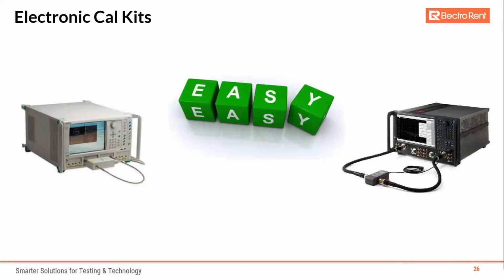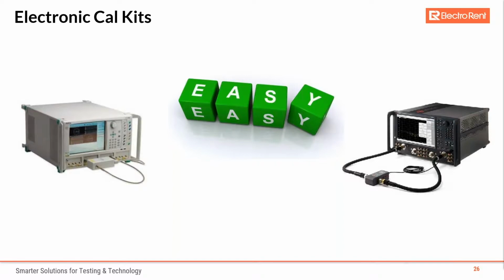eCal kits make the calibration process much easier and quicker, serving the same purpose as mechanical cal kits. If the VNA can support eCal modules, then it will have, like I said earlier, the preloaded eCal standards for that module. The eCal module connects all ports at once. All you do is follow the eCal instructions and watch it calibrate up to a full SOLT 2-port, 4-port, or more, depending on the cal kit that you're using.